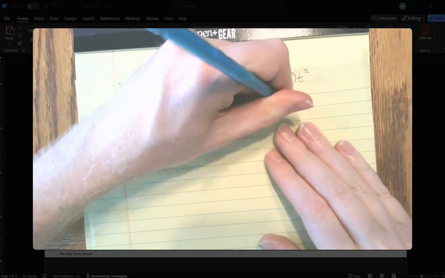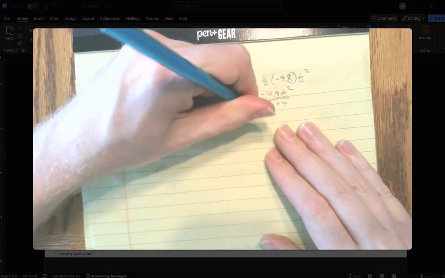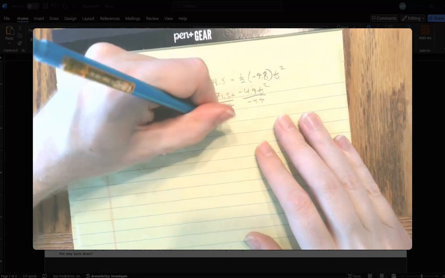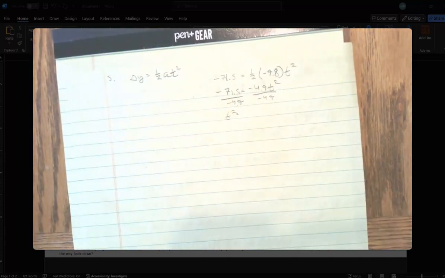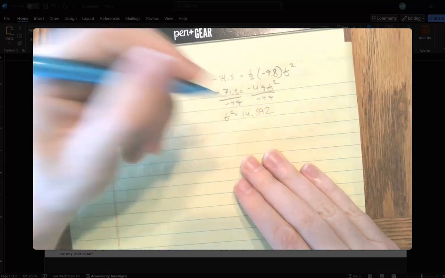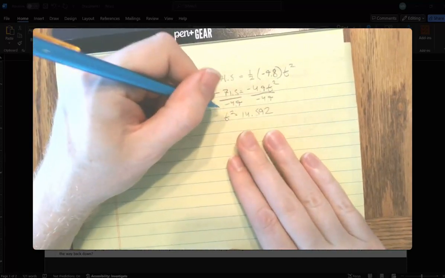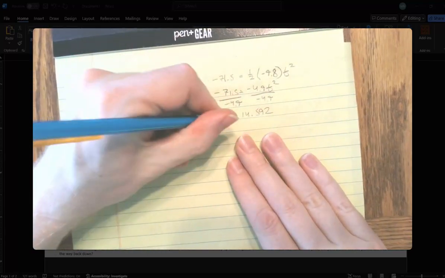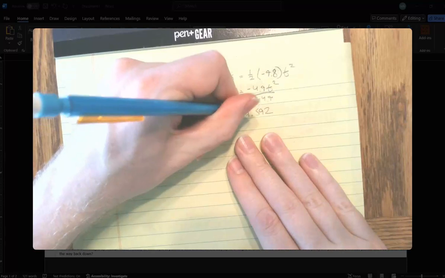Then we can divide both sides by negative 4.9, which gets me t squared equal to 71.5 divided by 4.9. That's 14.592 it looks like. All right, which again, to figure out what t equals, to figure out how long it took to travel that distance, I can just take the square root of both sides.